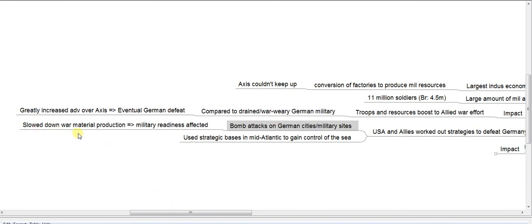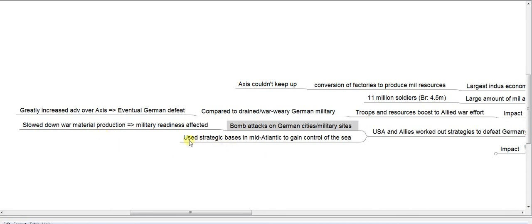And this slowed down war production, again placing Germany at a disadvantage when we talk about resources, and therefore German military readiness was affected. Okay, so basically it couldn't sustain its war effort simply because it couldn't match the material military production.